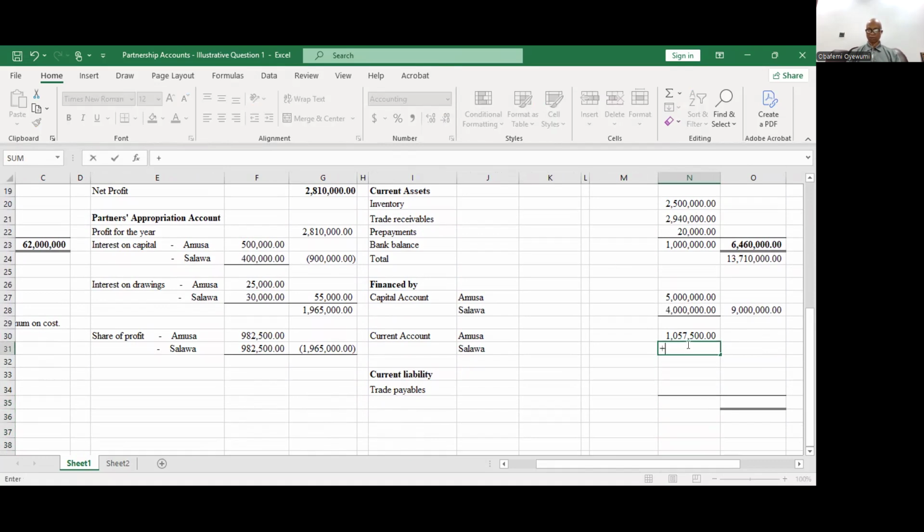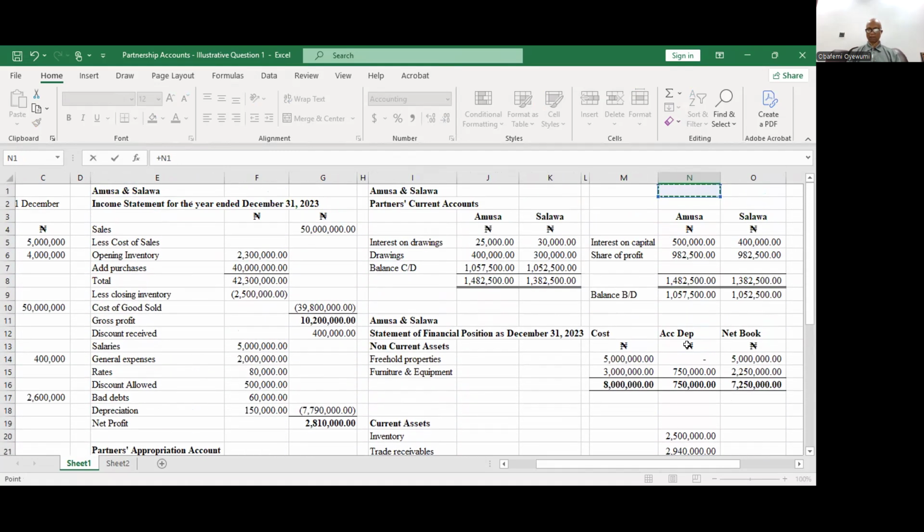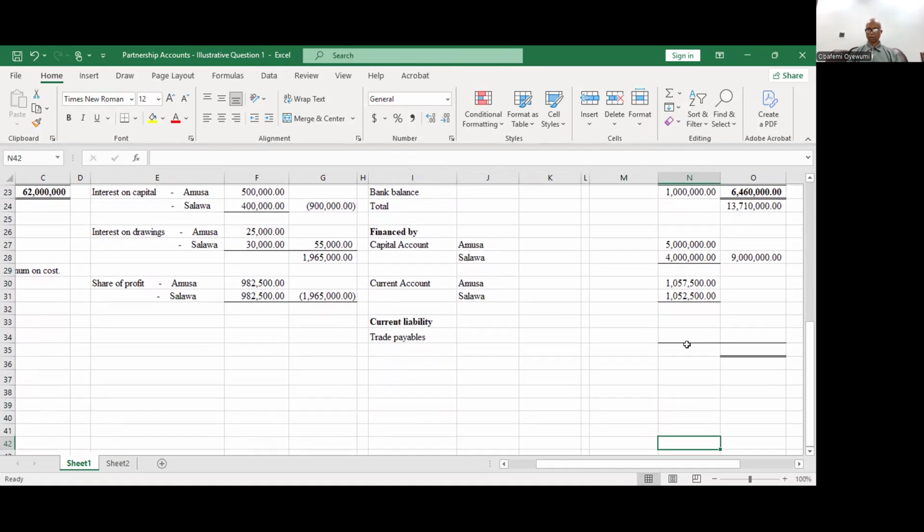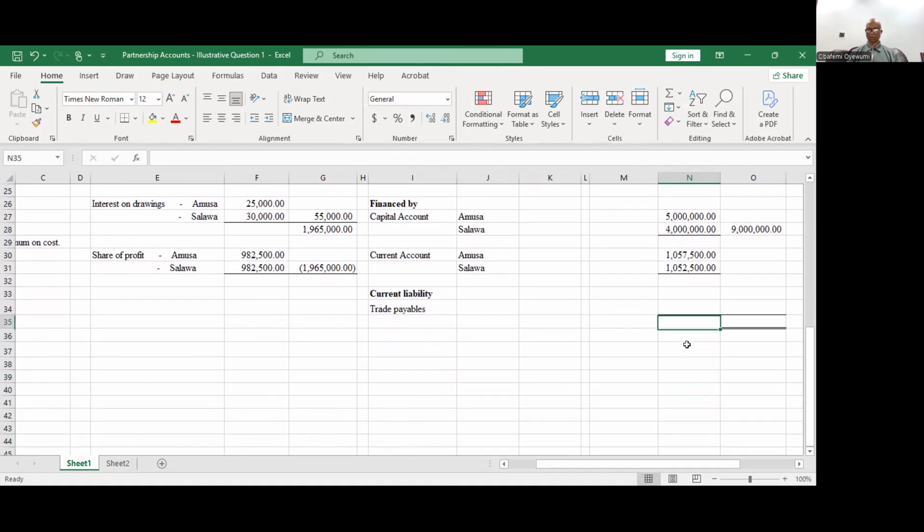And for Salawa it is the same figure. Let's add the two together. What would that give at the end of the day? 2.11 million. That's what we've been able to get.